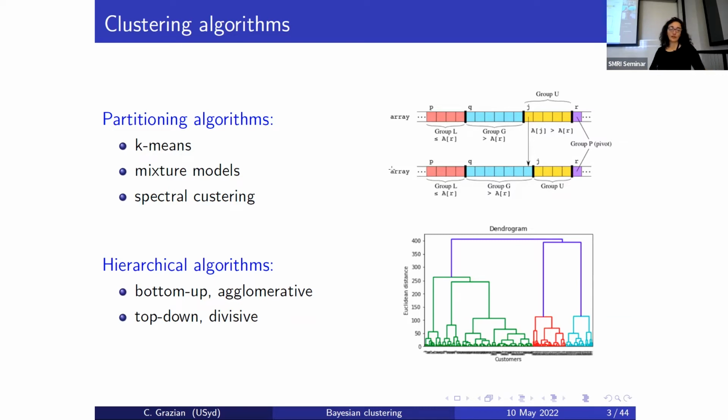Another type of algorithm is hierarchical. It starts with one cluster and splits observations until you get n clusters, if n is the sample size, or the other way around: we start with n clusters and merge observations into groups until we have just one cluster. So there are different types of algorithms.